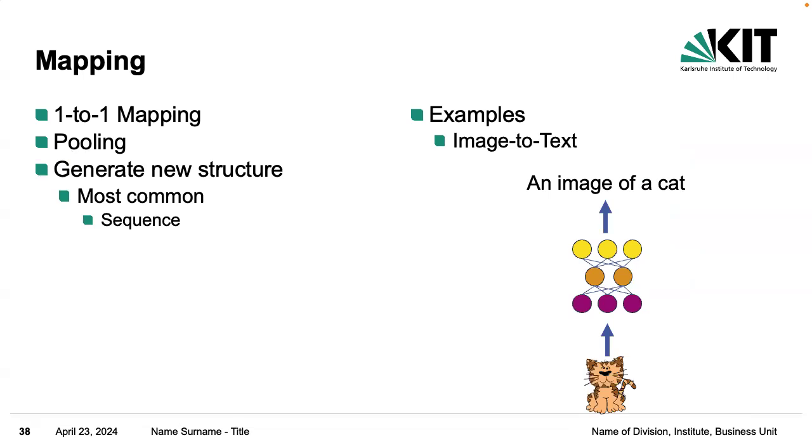So you might have a task where your input is some type of input, and you want to generate a new type of structure. One example of that is what is now known as image to text or captioning. Say you have an image here, and you want to generate a caption of that. So you want to say, this is an image of a cat.